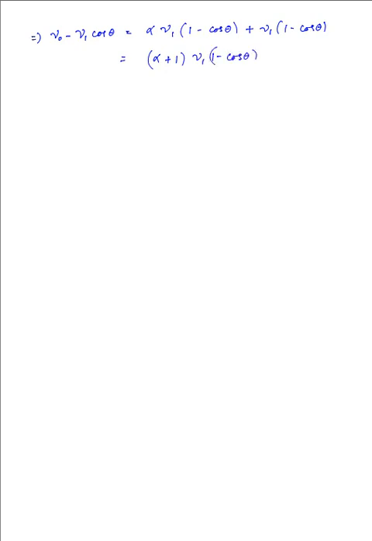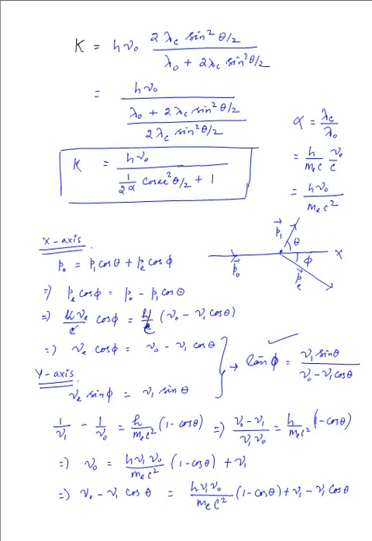Now this expression over here, what we had is tan phi. If you consider the tan phi equation, we have a nu 1 sine theta over that term that we have just obtained in the left hand side.